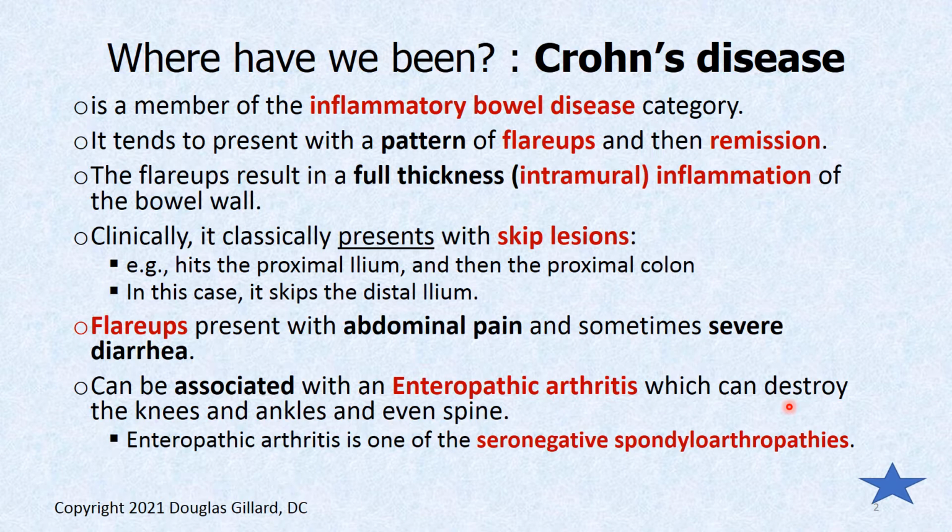And of course, it can be associated with extraintestinal manifestations, such as enteropathic arthritis, which we saw examples of, how it can destroy the knees and the ankles and the SI joints. Remember, enteropathic arthritis, sometimes called enteropathic arthropathy, is one of the seronegative spondyloarthropathies.